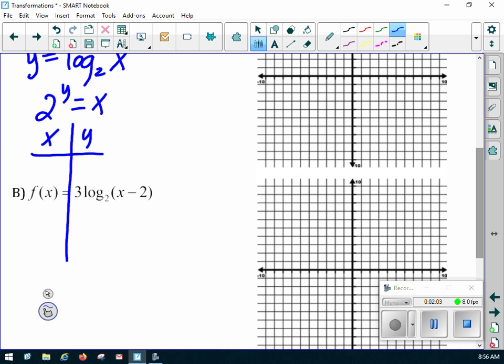Go that way. Whatever is the exponent, that's where you're going to put your numbers. Start big. 2 squared, 2 to the first, 2 to the 0, 2 to the -1.